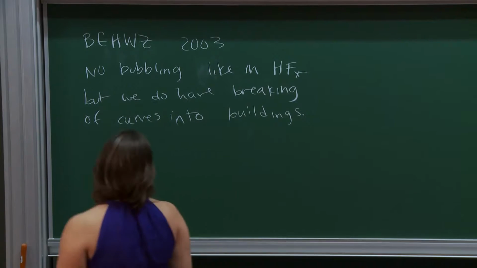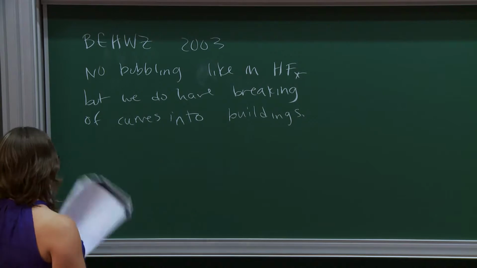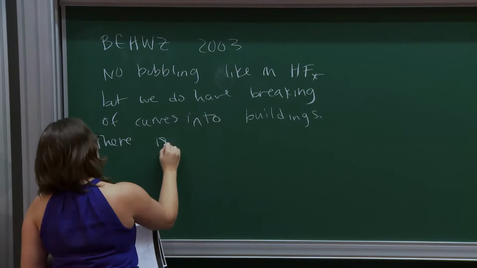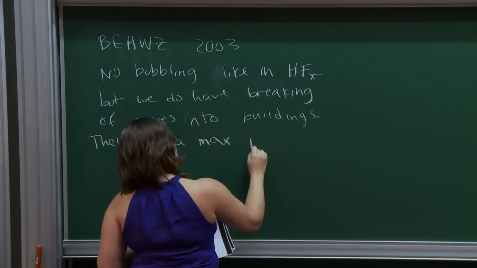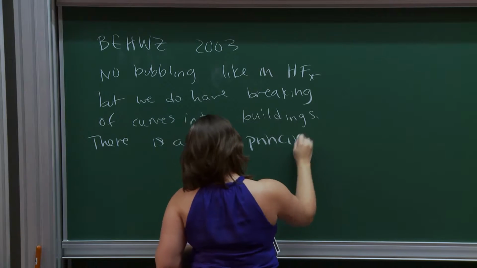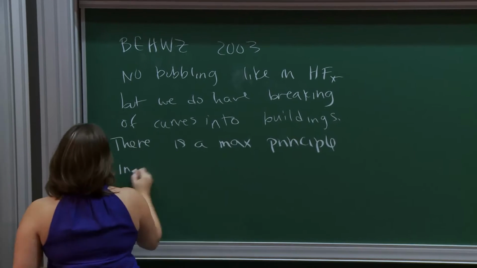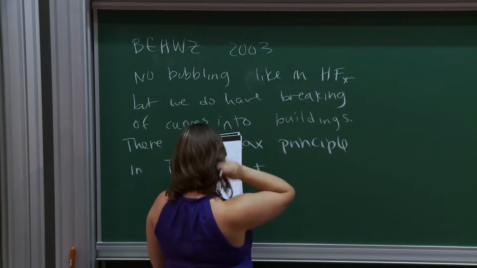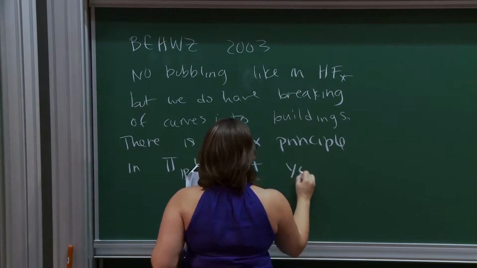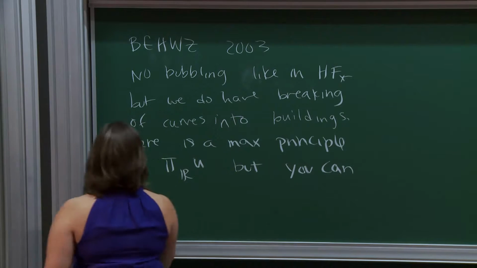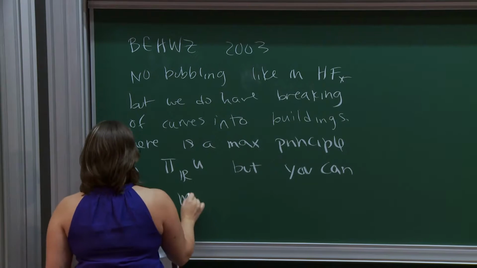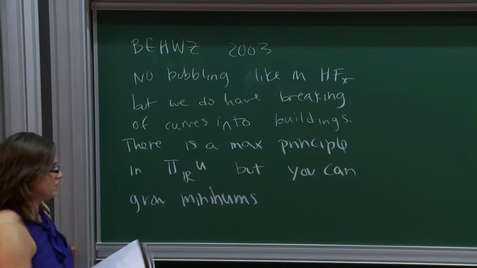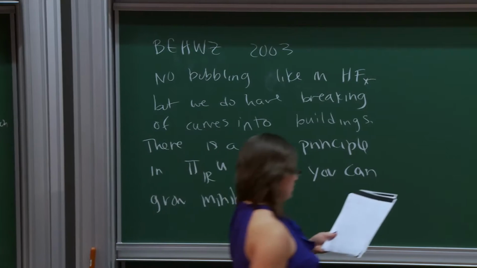The heuristic reason for why we have this breaking is that there is a maximum principle in the R component of the symplectization, but you can grow minimums, and so if you try to compactify the space, you're going to be allowed to develop new punctures at the bottom end.